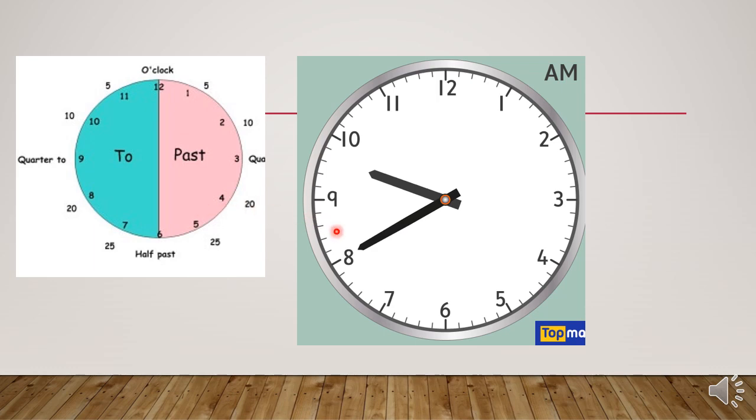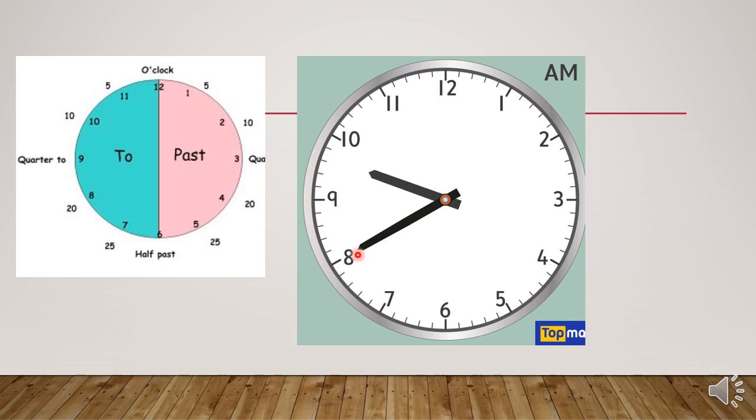So if we're going to look at the minute hand first, and I'd encourage you to look at the minute hand first this week, because that's how we say the time on an analog clock. We say a certain number of minutes past the hour, or certain minutes to the next hour. So here, if we look at the minute hand, it's pointing at 8. Now there are two ways you could do this.